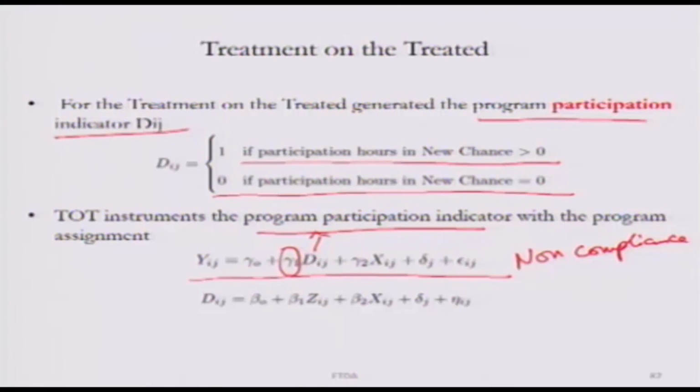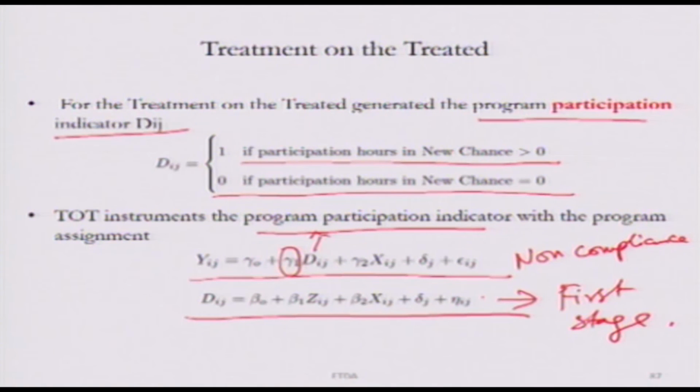Hence, what you need to do, and this is where IV comes to the rescue, you need to instrument this variable Dij, the program participation, which is a choice variable, by using the program assignment, which is the exogenous or the random variable, and hence this equation over here, the relationship between Zij, the program assignment, and program participation Dij is the first stage of the IV regression.